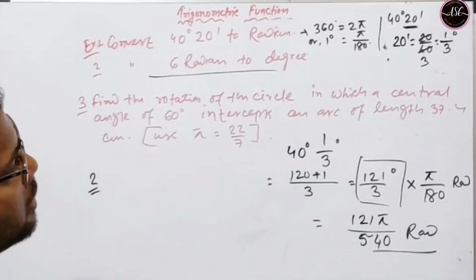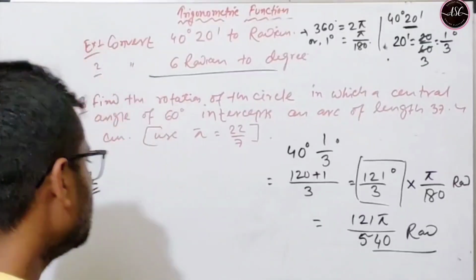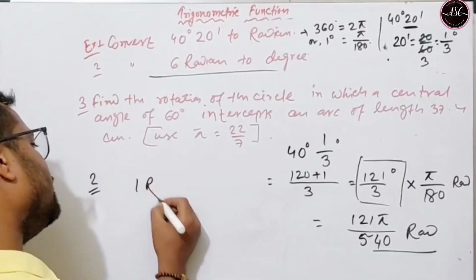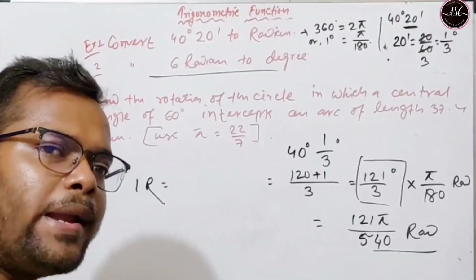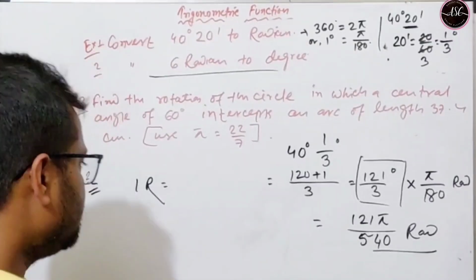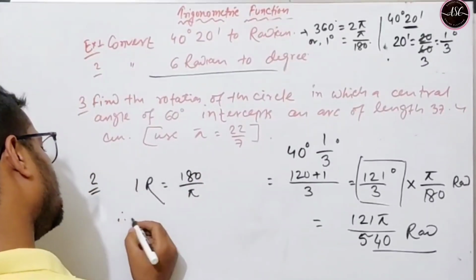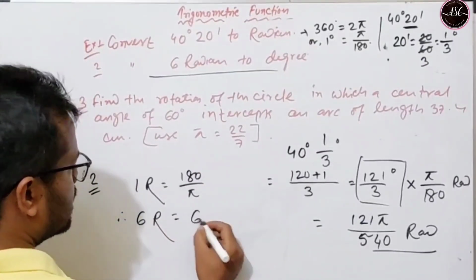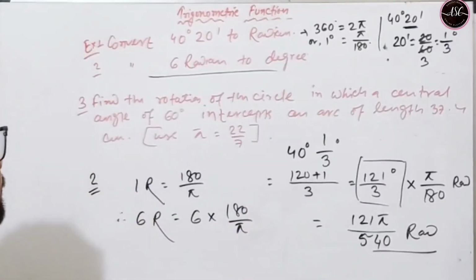Now the question number 2. Here given 6 radian. So we have to convert this to degree. We have pi radian equal to 180 degree, so 1 radian equal to 180 by pi. Therefore 6 radian equal to 6 into 180 by pi.